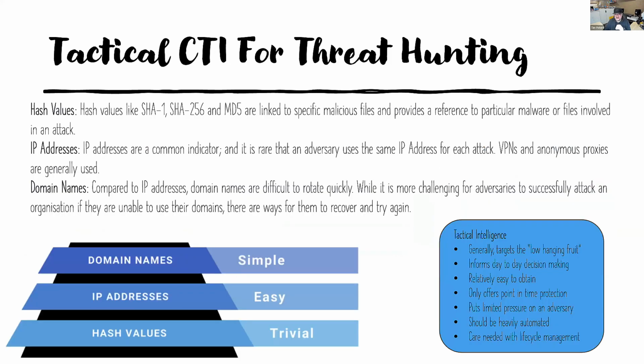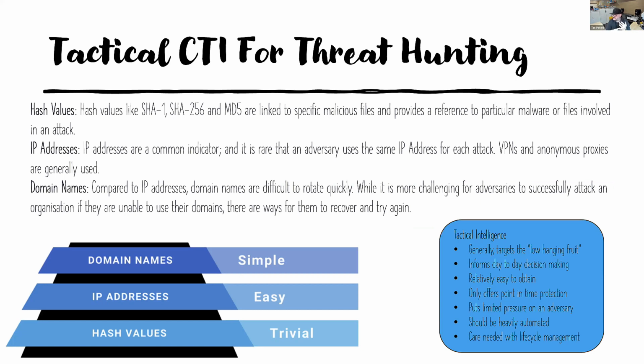So if we look now at the tactical CTI, hash values are quite common. They're easy to get. We can draw those from many sources. IP addresses, whilst common, it's very rare that an adversary will use those same IPs for the same attack.